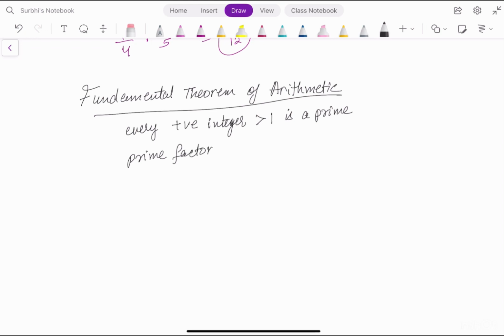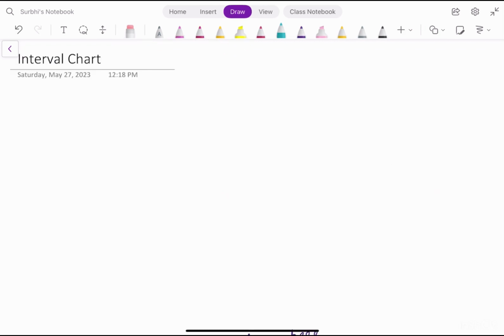For example, if you have to find the prime factorization of 32, you can start factoring it by 2. There are 5 twos multiplied together to make 32, and 2 is greater than 1. Remember, 2 is the only even prime number from 0 to 100. One very important thing is that 0 and 1 are neither prime nor composite. They have their own special identity, and this is how you need to understand this.